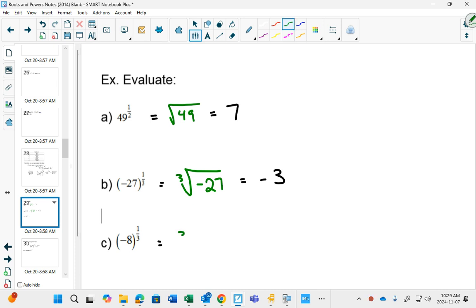And same thing for this one. You could do this as an option. You can never have negatives inside of square roots, but negatives inside of cube roots is fine. Because here, you would get negative 2 times negative 2 times negative 2 is negative 8.